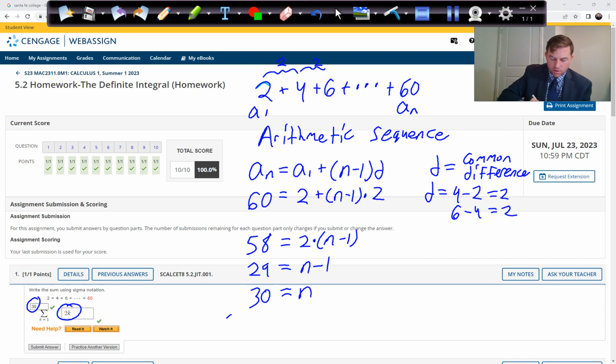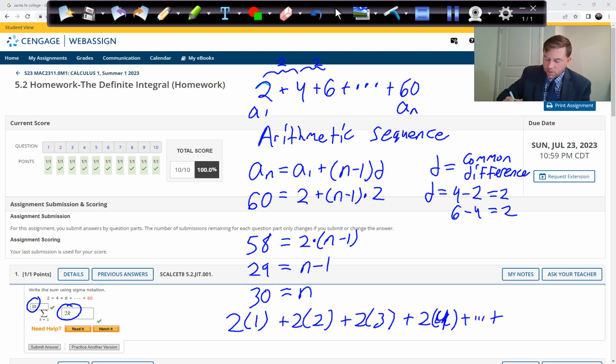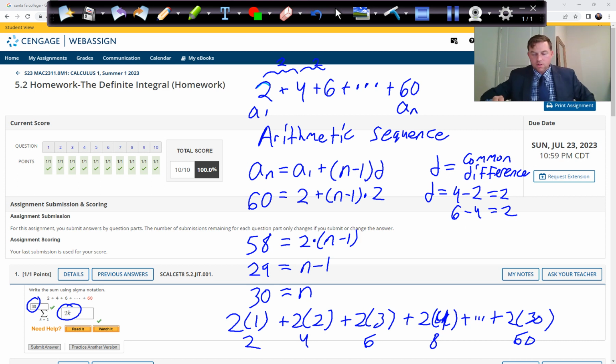So when k is 1, you get that, plus when k is 2, plus when k is 3, plus when k is 4, plus dot, dot, dot. We know k should go all the way up to n, which is 30. So we're going to get 2, 4, 6, 8, all the way to 60. So just like they showed us, 2k should map that arithmetic sequence. Okay, and that's problem 1.